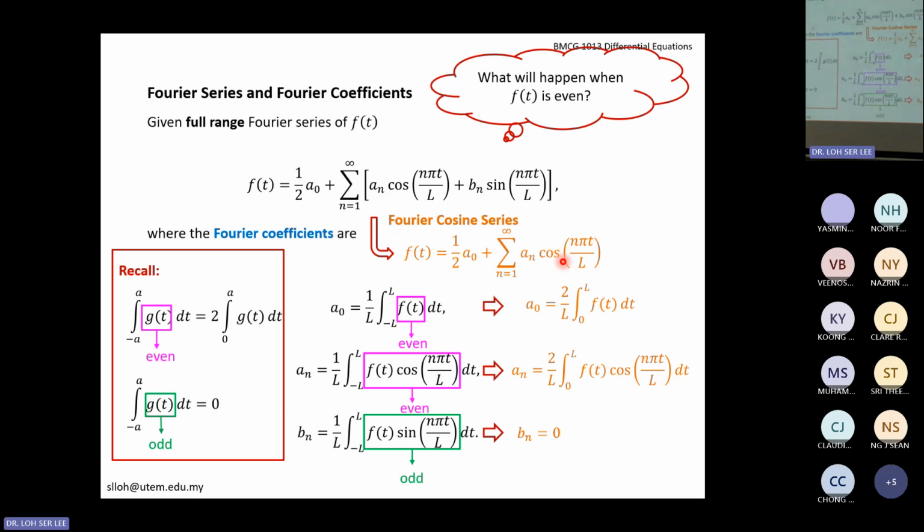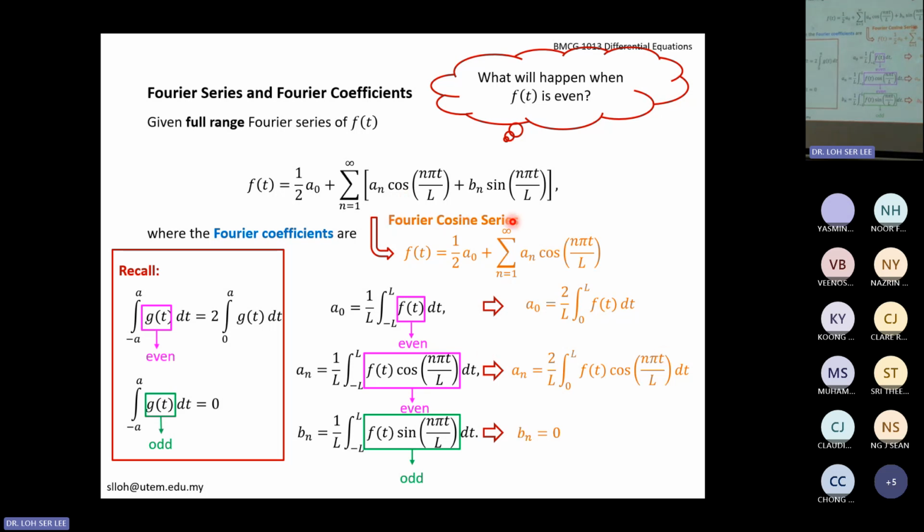So in short, if the given periodic function is even, then what you want to find is the Fourier cosine series, and you will use this set of formulas to get it.